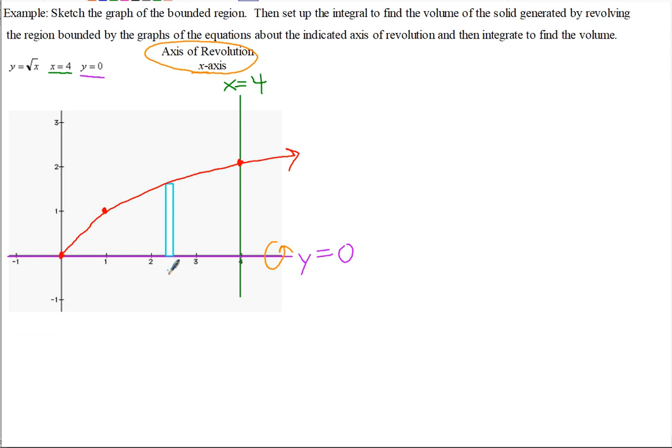So the way you can easily tell which of these two methods to use is there's a little mnemonic device. Here we've got this. This represents half of one of those disks. It's going to revolve around this. So in your representative rectangle and your axis of revolution, notice they're perpendicular here.